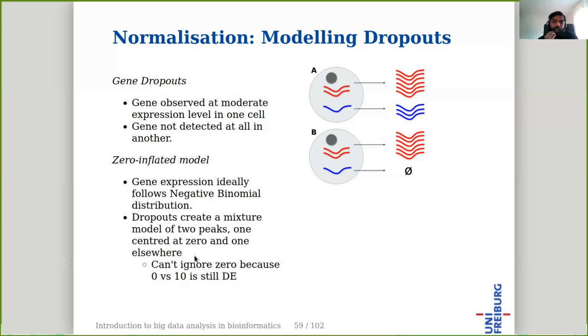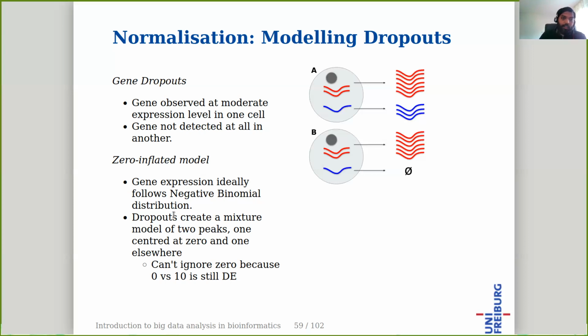This is a problem, and it leads us to a count model called the zero inflated model. Normally, gene expression ideally follows a negative binomial distribution. This is also the assumption that DESeq makes: it assumes that the counts follow the negative binomial distribution, and that's how it models the counts.